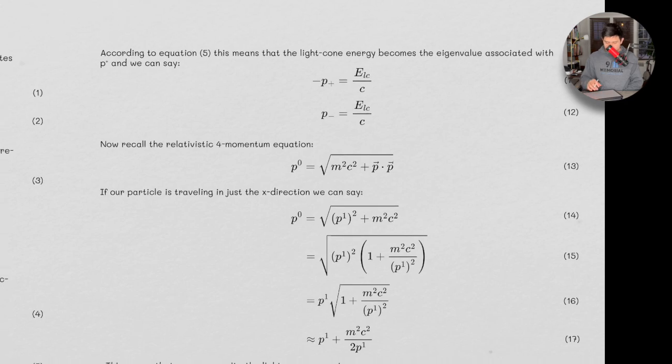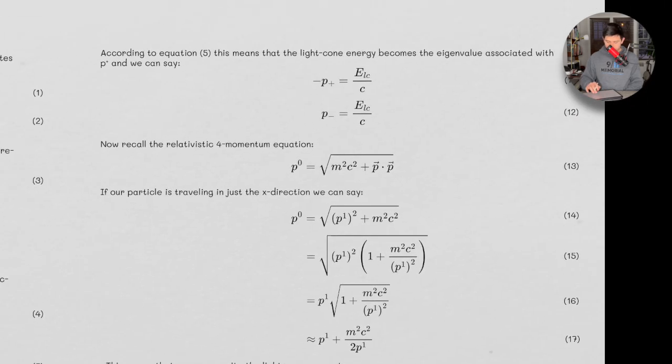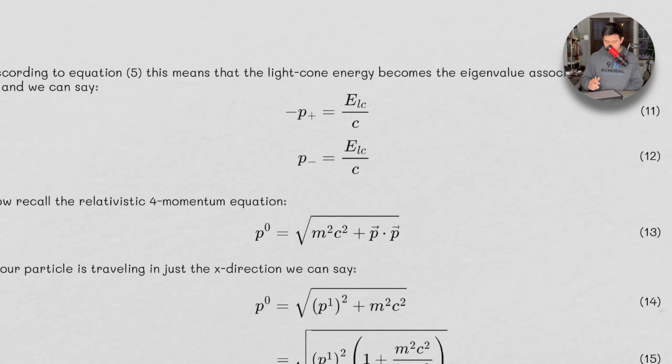According to equation 5, so I'll just go back to equation 5 really quick. This guy right here. This means that the light cone energy becomes the eigenvalue associated with P plus, and we can say this then. So the eigenvalue associated with this, in terms of energy, is the energy of our light cone divided by c.